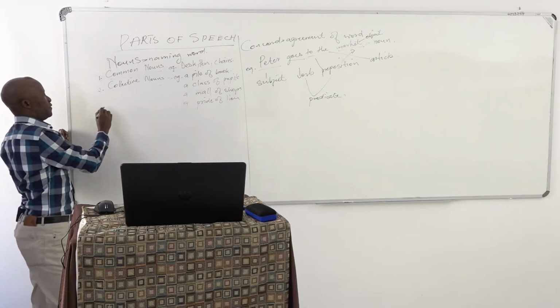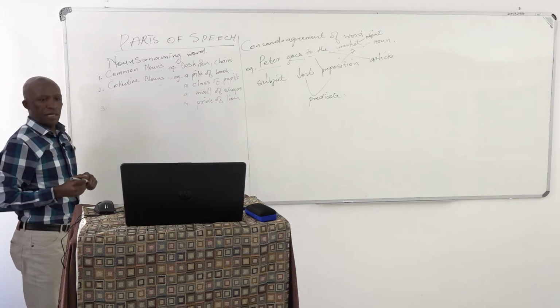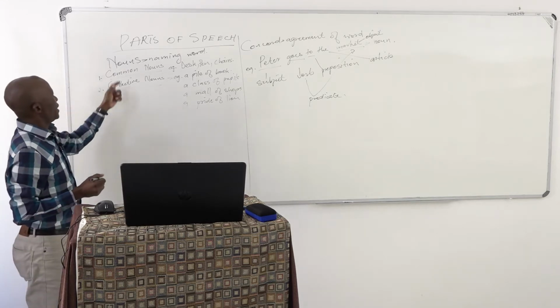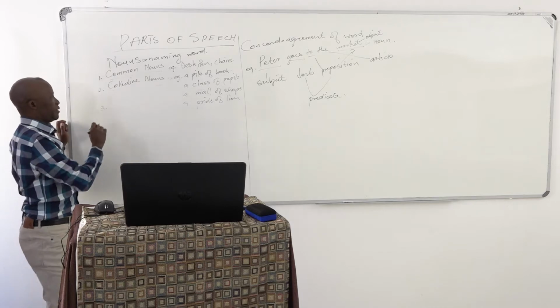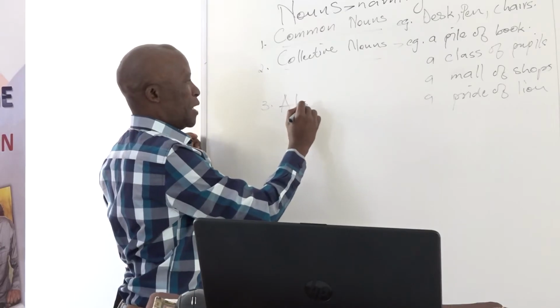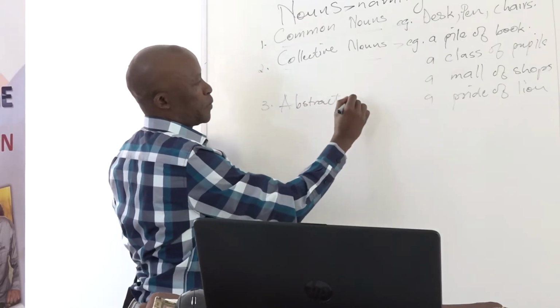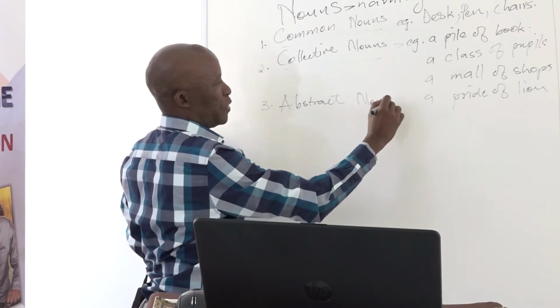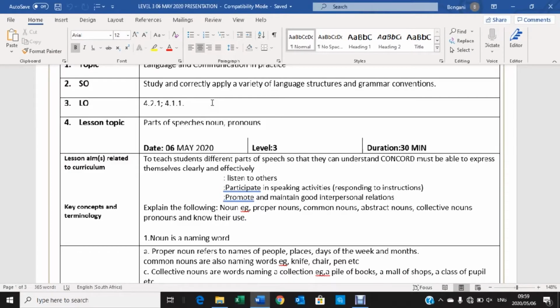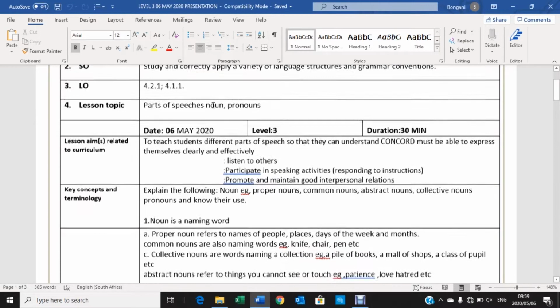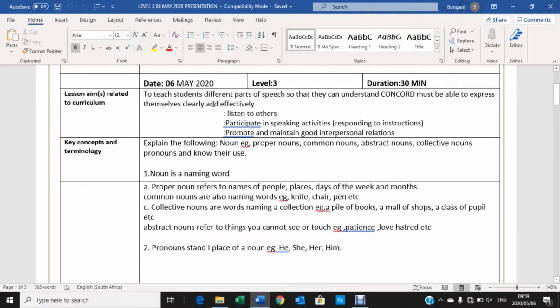Now we also have another example of nouns, which will be abstract nouns. The opposite or the antonym of the word abstract is concrete.